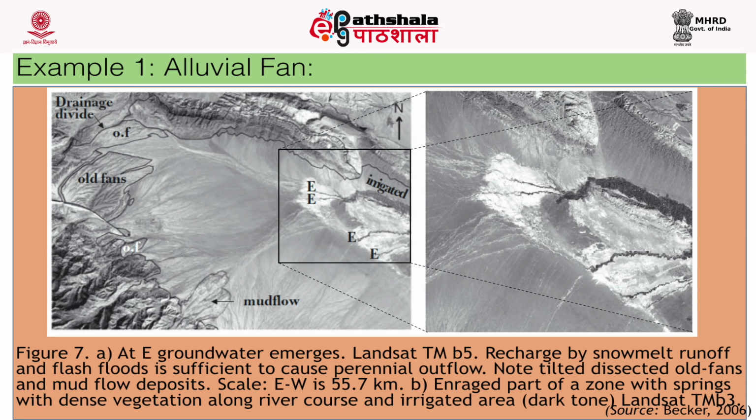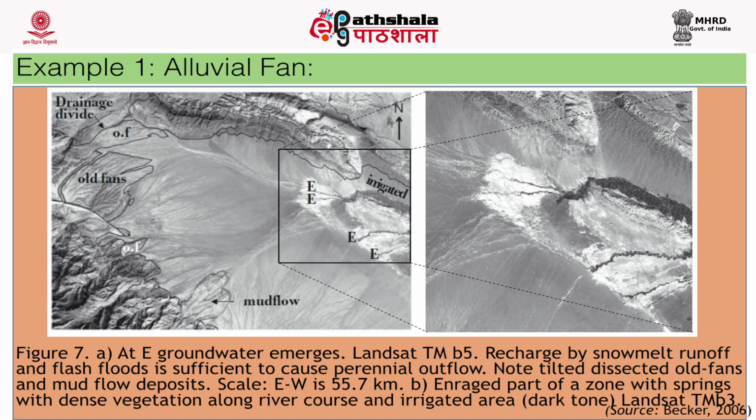Another example here, this is from the Tibet area. Here E indicates the groundwater emergence, and this part of the diagram is enlarged on the left side. There we can see dark tone areas, these are the irrigated areas, and dense vegetation along the channels where the groundwater seeps into the channel.